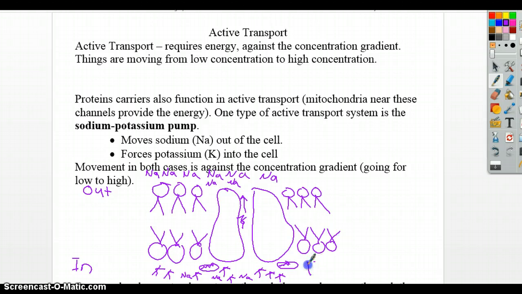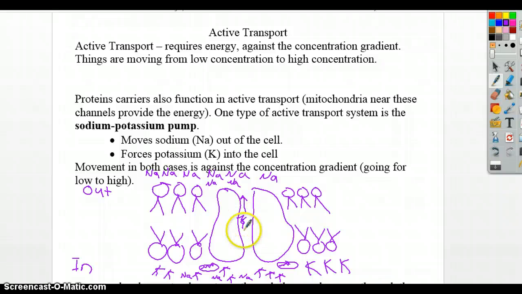Let's have some more K's over here. Okay, as you can see, there's all kinds of potassiums in the cell. So you wouldn't think that they would normally want more in there, but at this point, because of things happening with your muscles, you need more potassium in your cell.